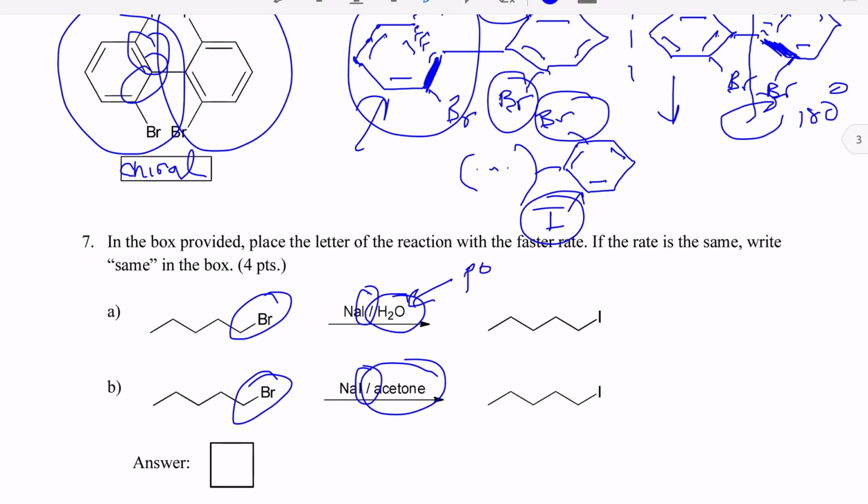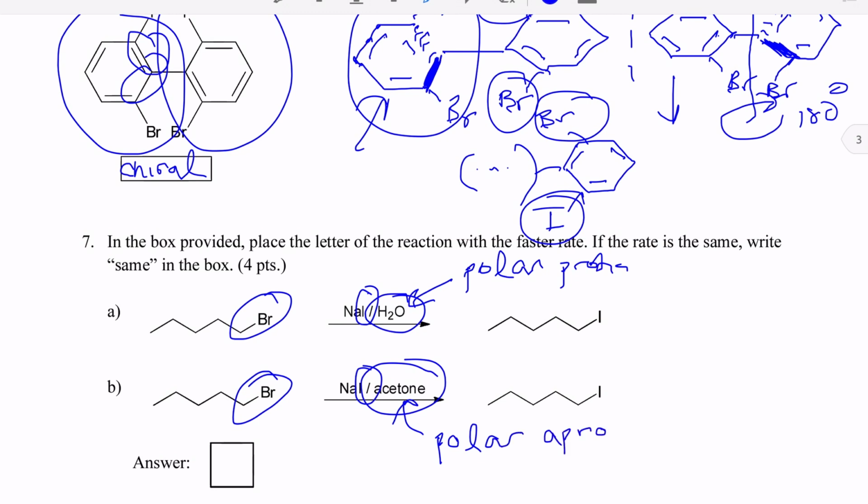It's a polar, oh, sorry, my pen messed up, polar protic solvent, because the molecule itself is polar, and it has protons that can easily engage with the other compounds in the solution. And this is polar aprotic. Acetone is polar aprotic.